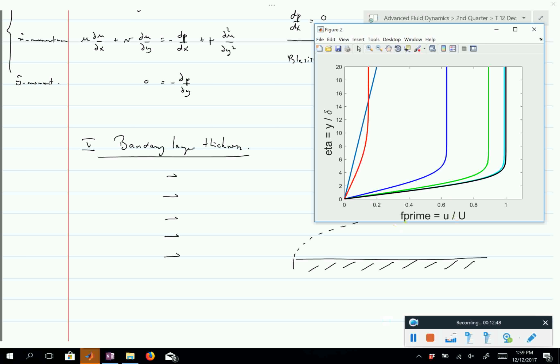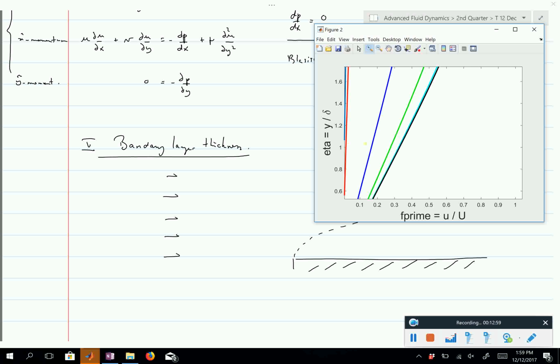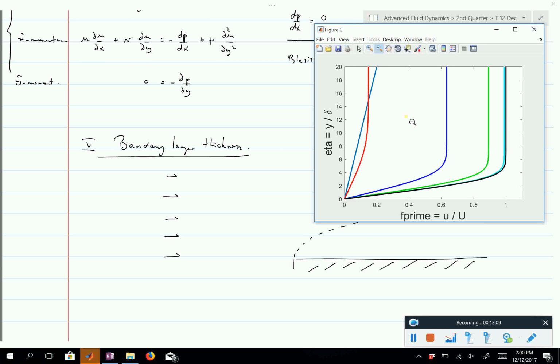Okay, so at eta equals 1, you have to see here, it's going to be around here. So when eta equals 1, then f prime is equal to 0.35 roughly. So you have 35% if you want of the velocity outside of the boundary layer.